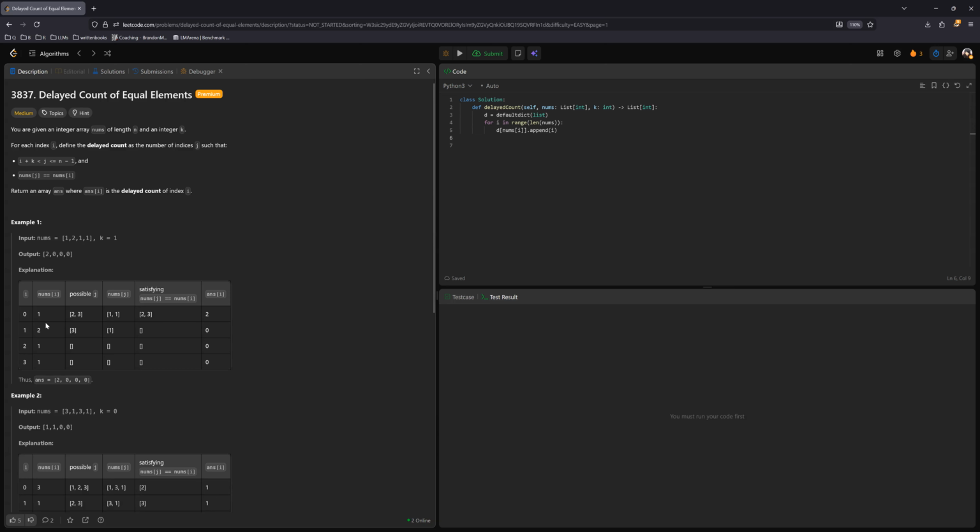So nums of i is 1, 2, 1, 1. Possible j. Okay, so 0, not 1, 2, 3. Okay, and i plus k is lesser than j. So j is going to be bigger.